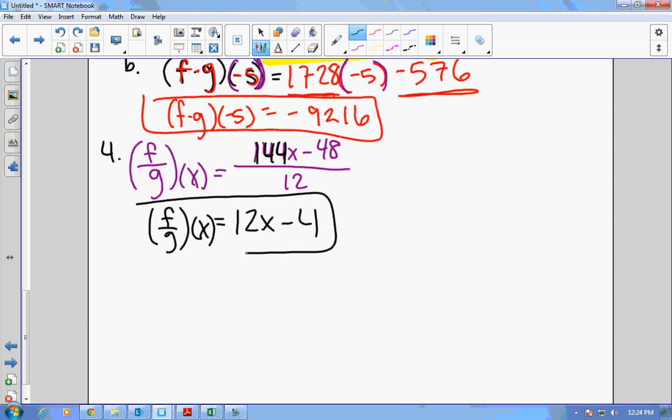Okay, guys. Part B, it wants us to evaluate when x equals, what does it say in your book? 3. Before I let you try this on your own, what equation am I using?